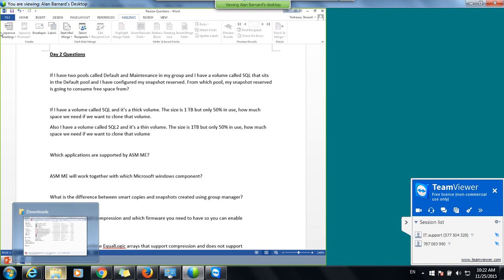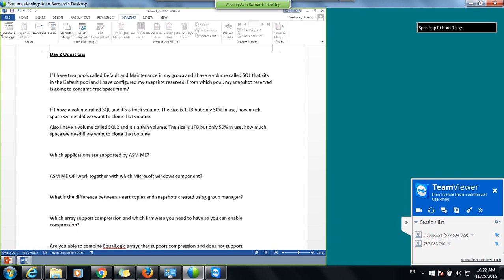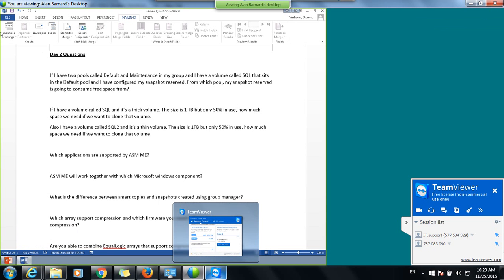All right, next question. Which array supports compression and which firmware do you need so you can enable compression? Firmware version 8. That's correct. But do you know which particular arrays are supported? 52 and 66. We have 62 and 66. 62? That's correct.